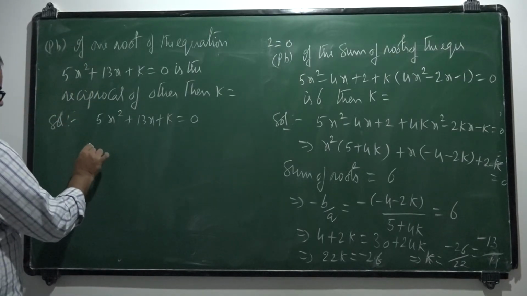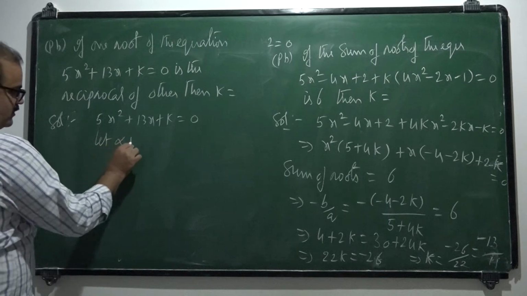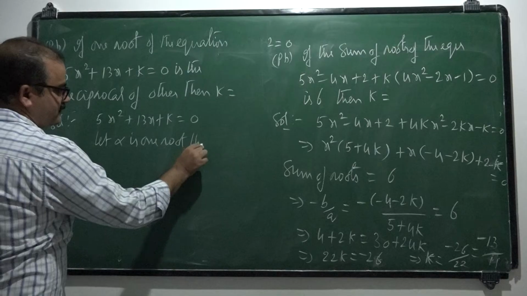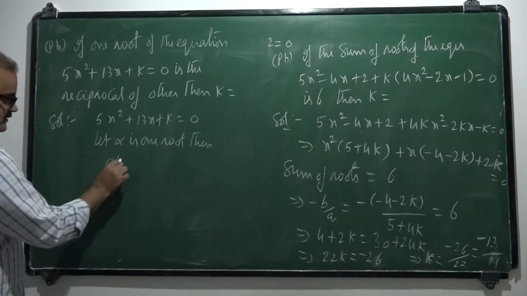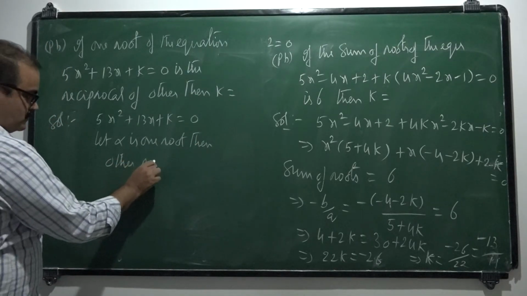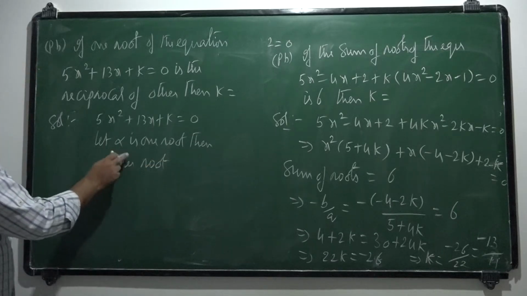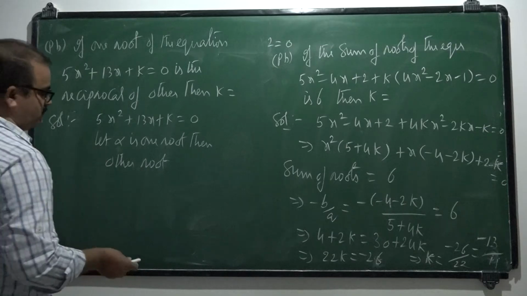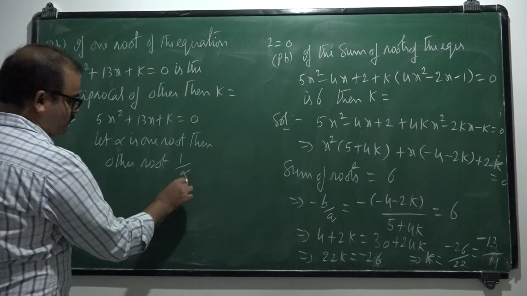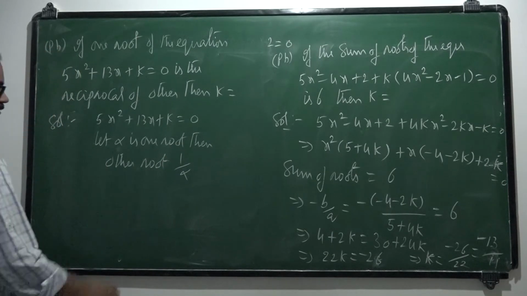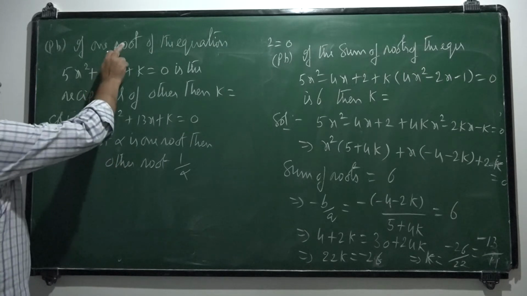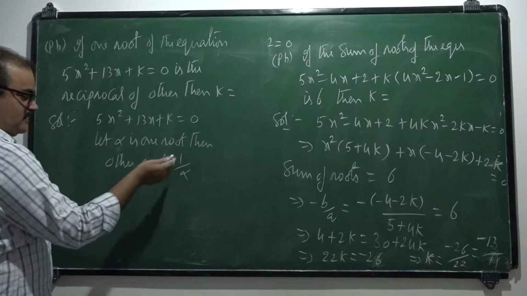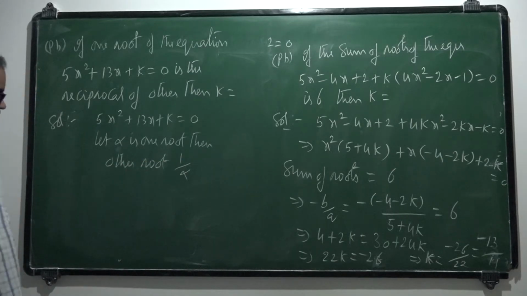If alpha is one root, then what is other root? Other root is reciprocal of this. Other root is 1 by alpha. Clearly given, one root is reciprocal of the other. If alpha is one root, then other root must be 1 by alpha.